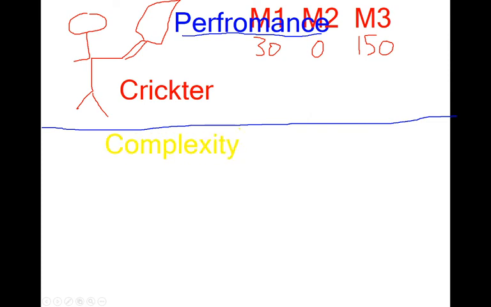Now, let me repeat: to gauge the performance, this player has to play the game. Without his playing the game, we cannot measure his performance, right? For example, in another scenario, we have another player.